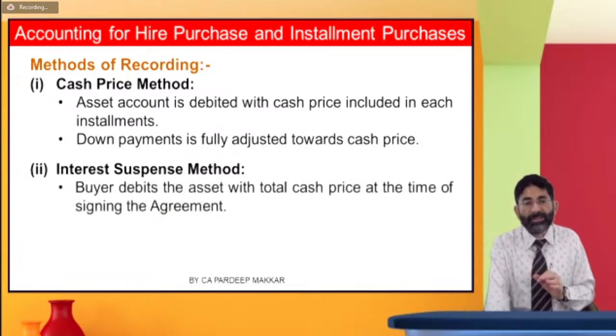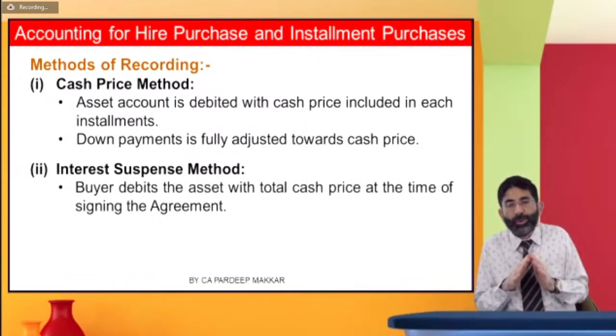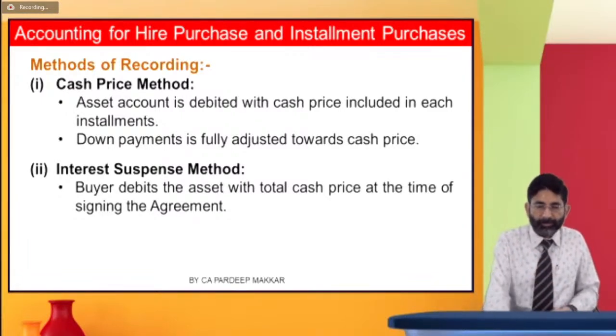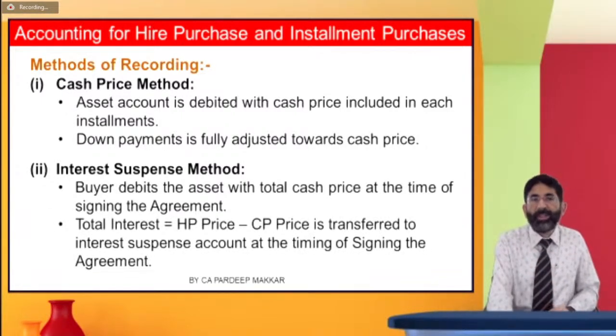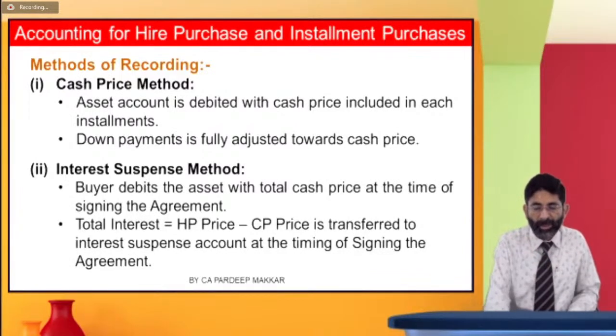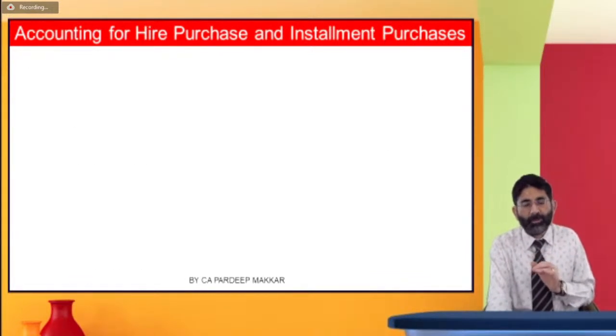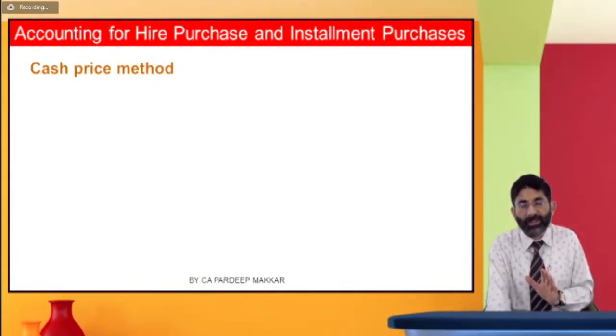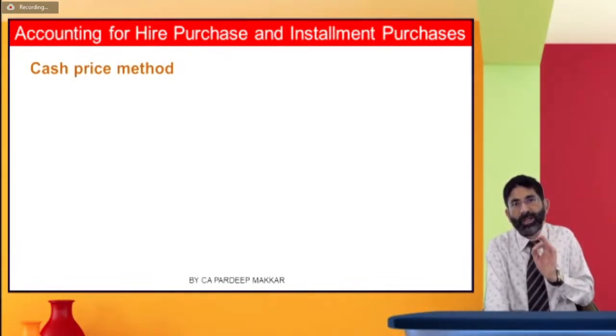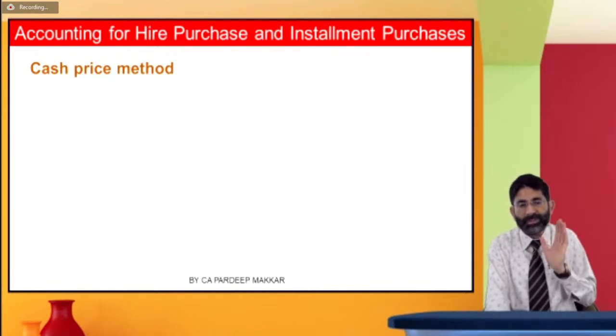In this case, the buyer debits the asset with total cash price at the time of signing the agreement. And total interest, that is HP price minus CP price, is transferred to interest suspense account at the time of signing the agreement. That we will understand later on. This method will be discussed later on. First of all, we will go for the cash price method, which is used in case of hire purchase business.